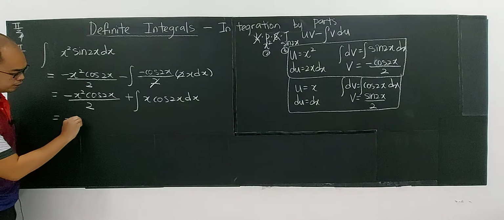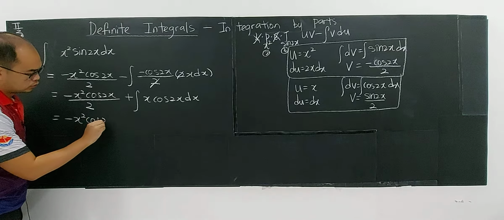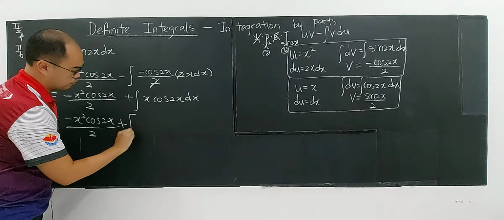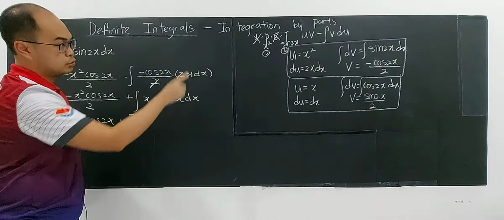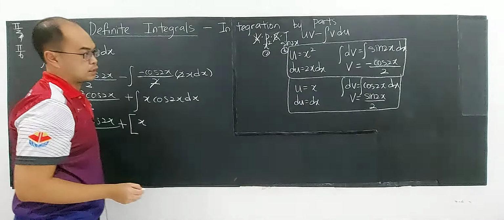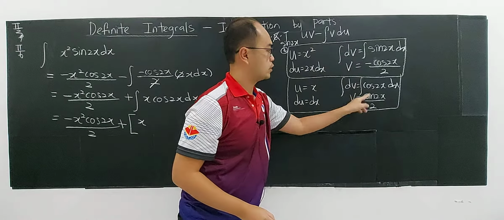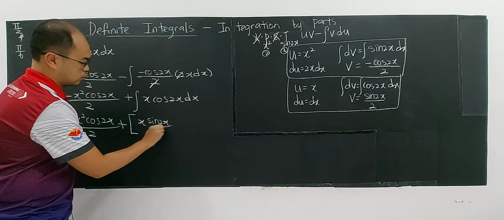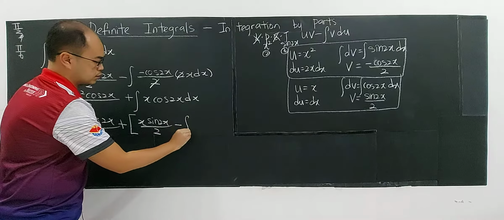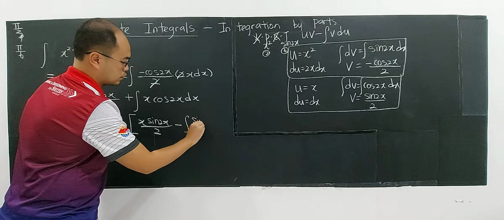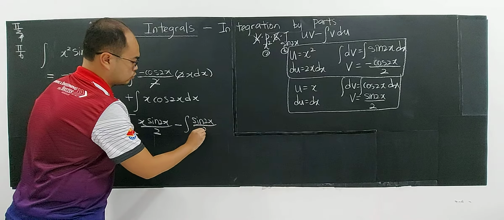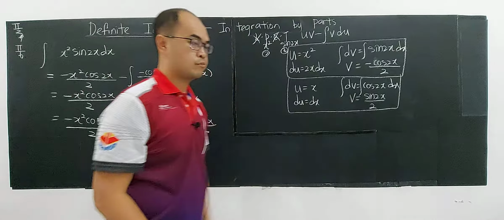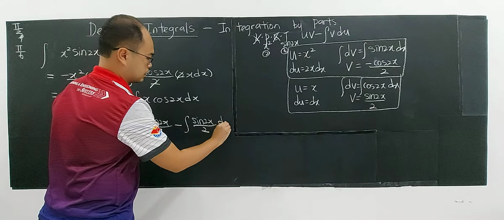Negative x power of 2 cos 2x divided by 2 plus, with the formula uv, x sine 2x over 2 minus integrate v du, with v equal to sine 2x over 2 and du equal to dx.